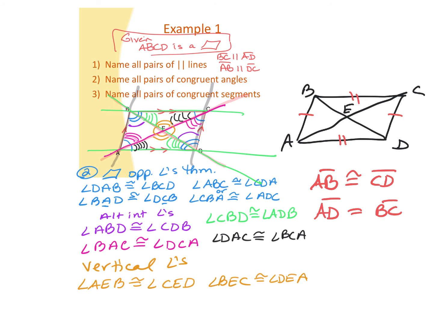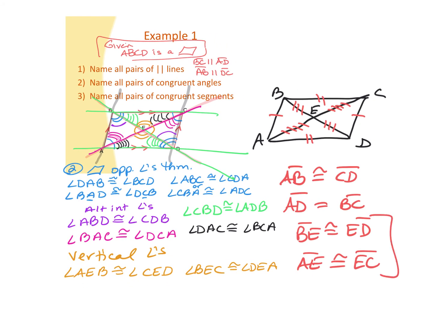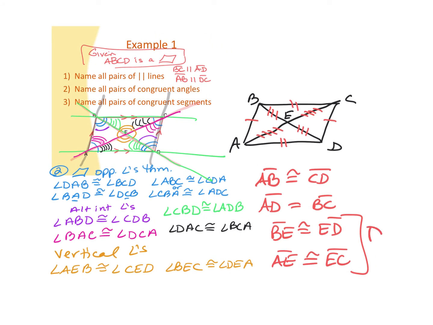And I also know that diagonals are bisected. So I know that BE is congruent to ED. And then I also know that this diagonal, AE, would be congruent to EC. So these are the diagonals that were bisected.